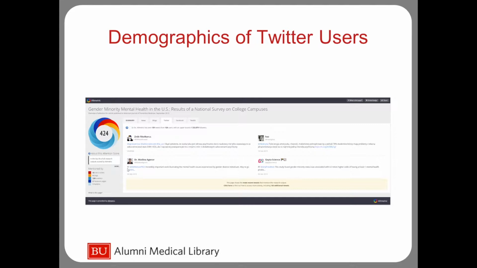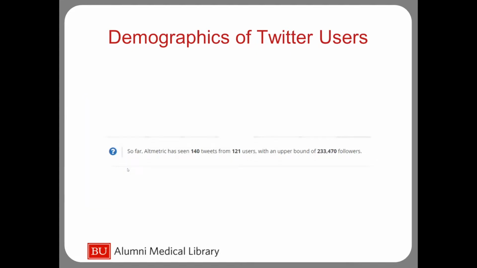It shows us that upper bound. So there are 233,000 potential people who have seen this particular tweet. So if that ratio holds true, if roughly 32% of those people who saw this tweet are our direct peers, that's about 75,000 people who are physicians, who are science communicators, who are scientists.